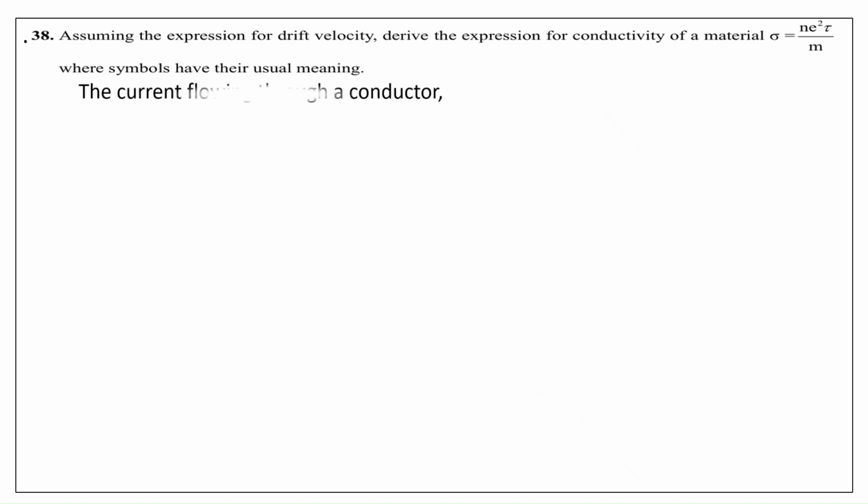Therefore, the current flowing through a conductor, I is equal to Q by t. On substituting Q values, we get I is equal to NALe by t. But L by t is equal to Vd. Therefore, the above equation is written as I is equal to NeA Vd.